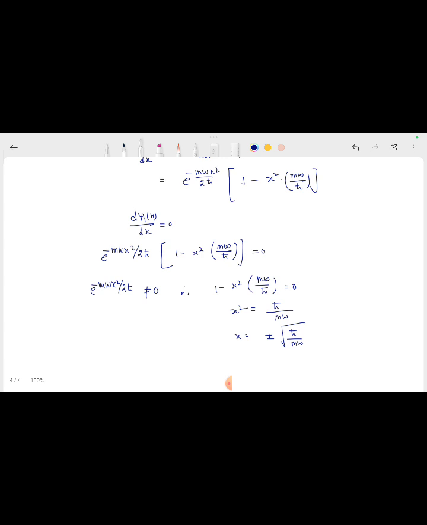It's clear, okay. But then we have another question. Of these two points, which one gives the positive value and which one gives the negative value?